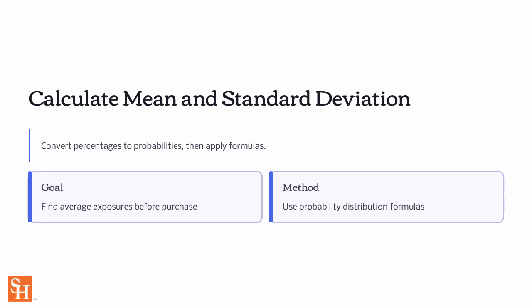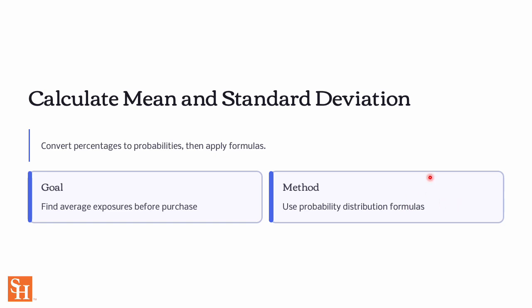So how can we calculate the mean and standard deviation for this problem? First we have to convert the percentages into probabilities, and then we can find the average exposure before purchase, right? We will use probability distribution formulas to do that.